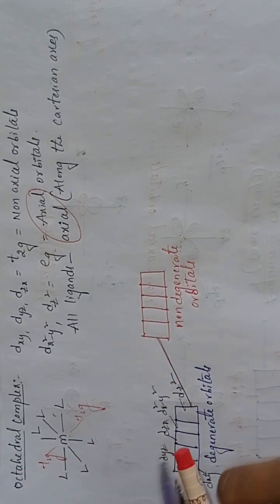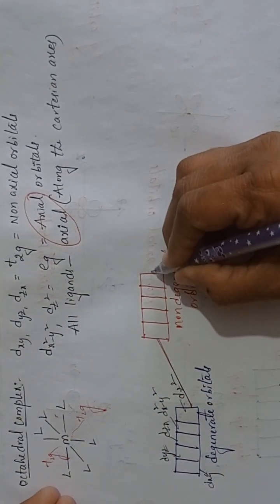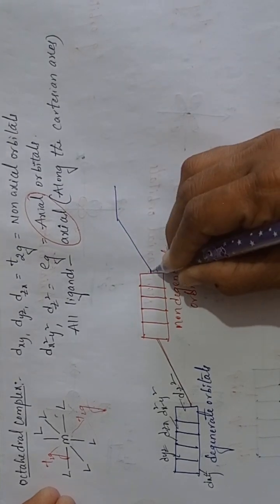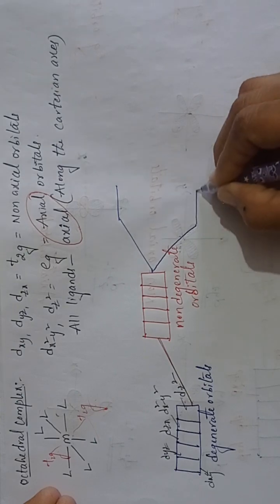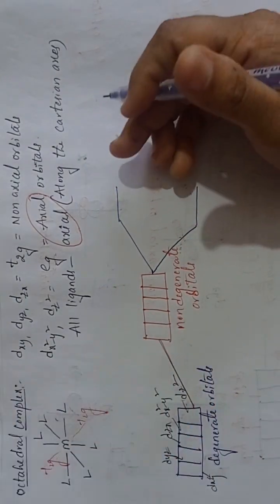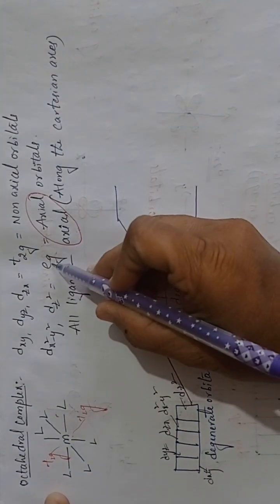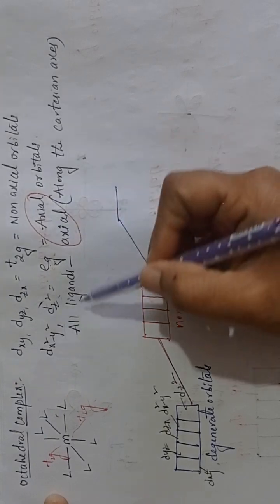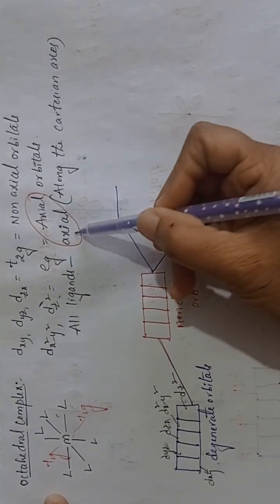See here, what are the two sets? The first one is the orbitals whose energy is increased: the Eg orbitals, these two Eg orbitals. The ligands and Eg orbitals are both in the same plane, axial.